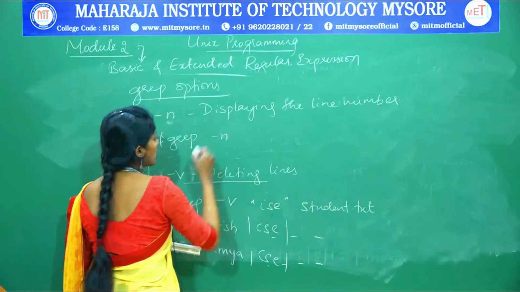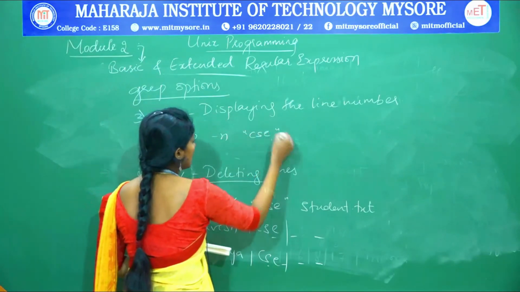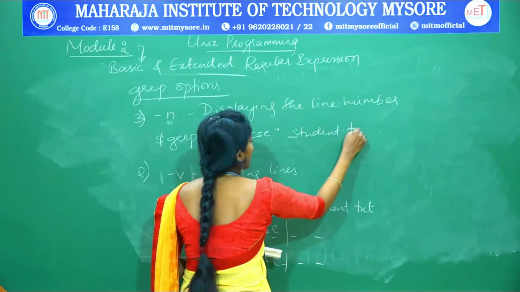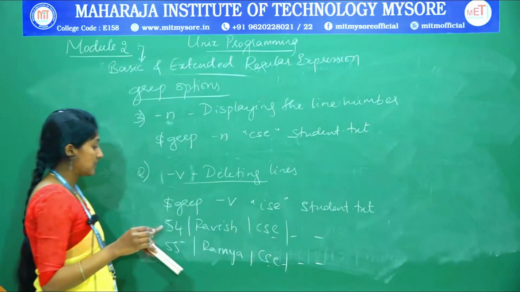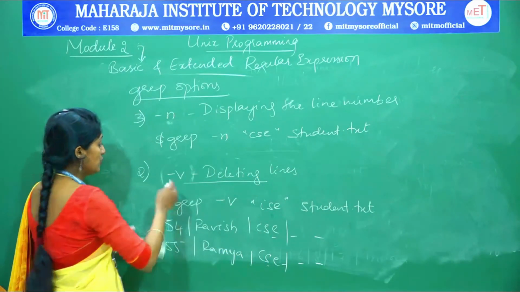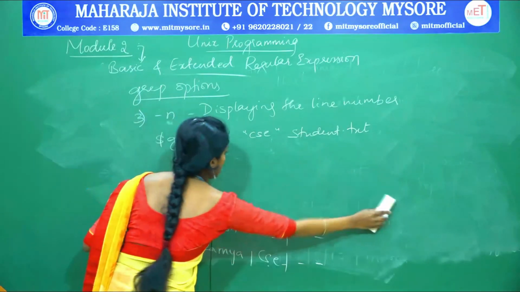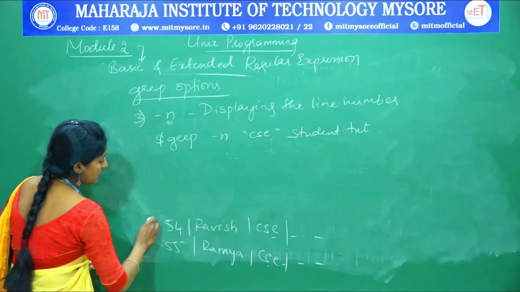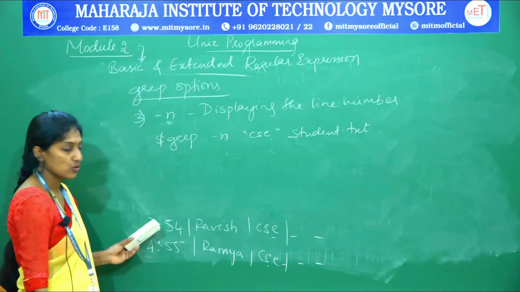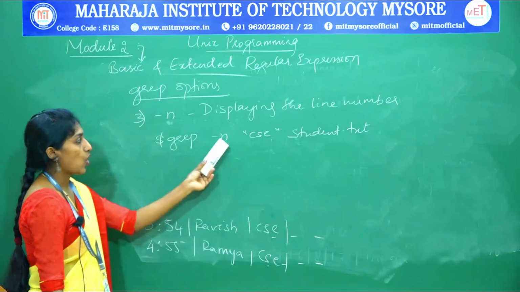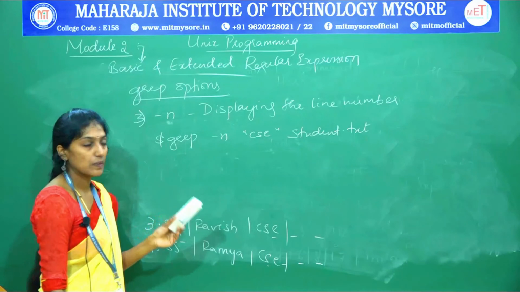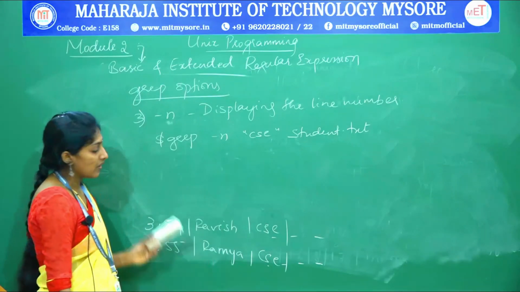So let me consider option -n with CSE from the file student.txt. As we know, the CSE students were displayed at line numbers 3 and 4, right? So this is going to display the same output, with line numbers 3 and 4. So -n is used for displaying the line number.